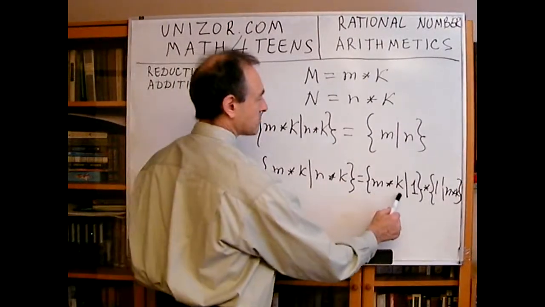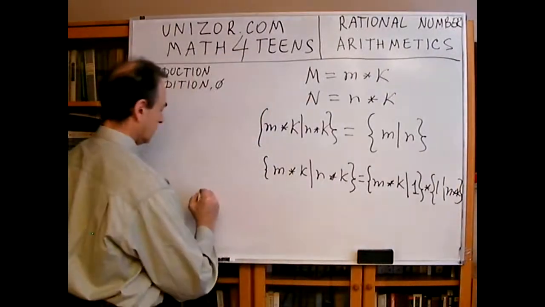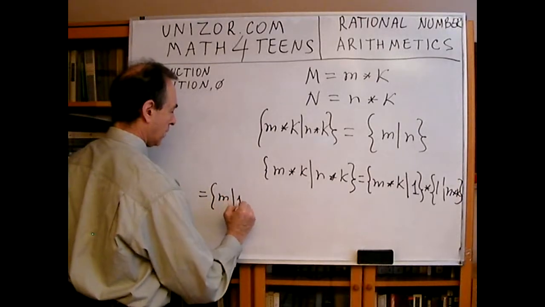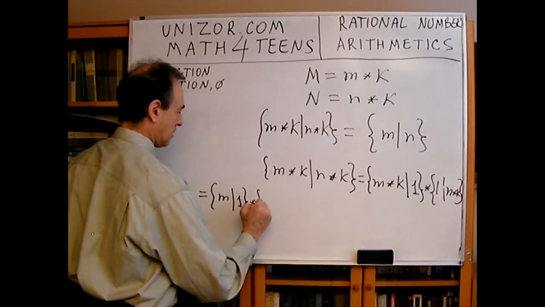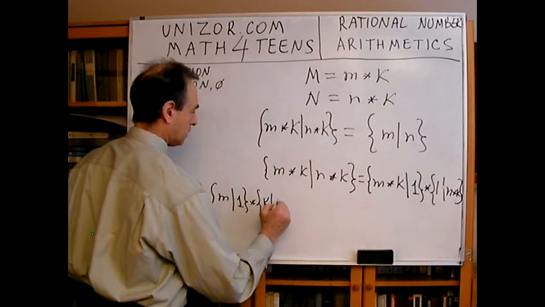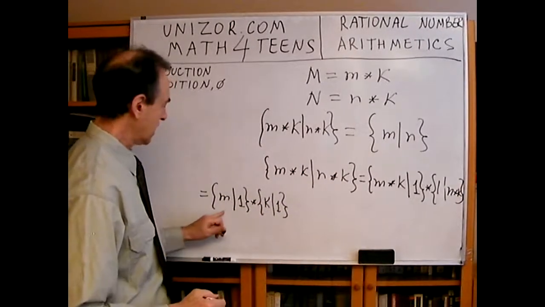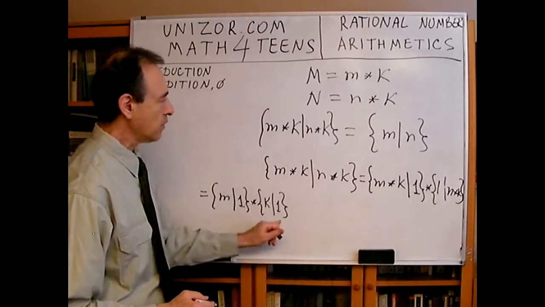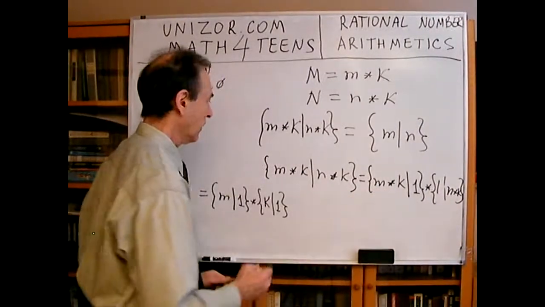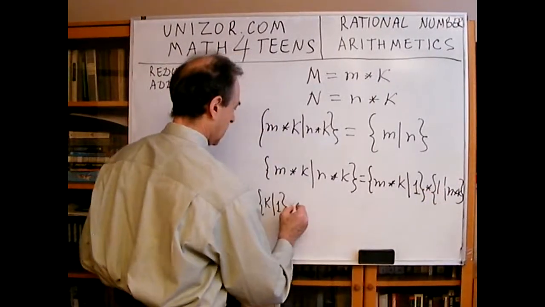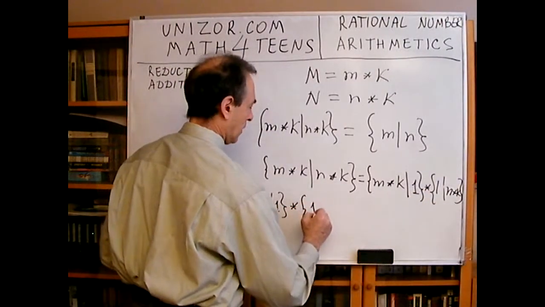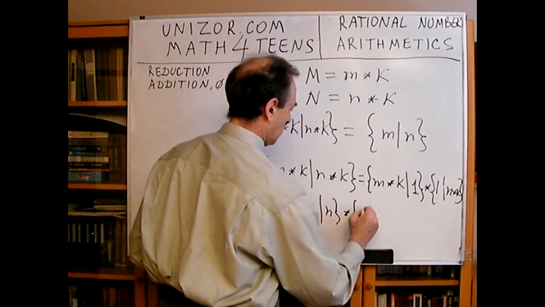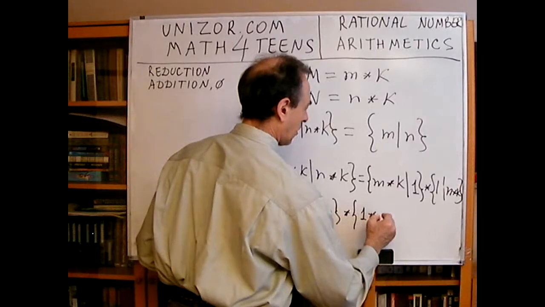Similarly, m times k over 1 I can represent as m over 1 times k over 1. Right? Because again, the multiplication will be m times k over 1 times 1, m times k over 1. And similarly, the next one will be 1 over n times 1 over k.